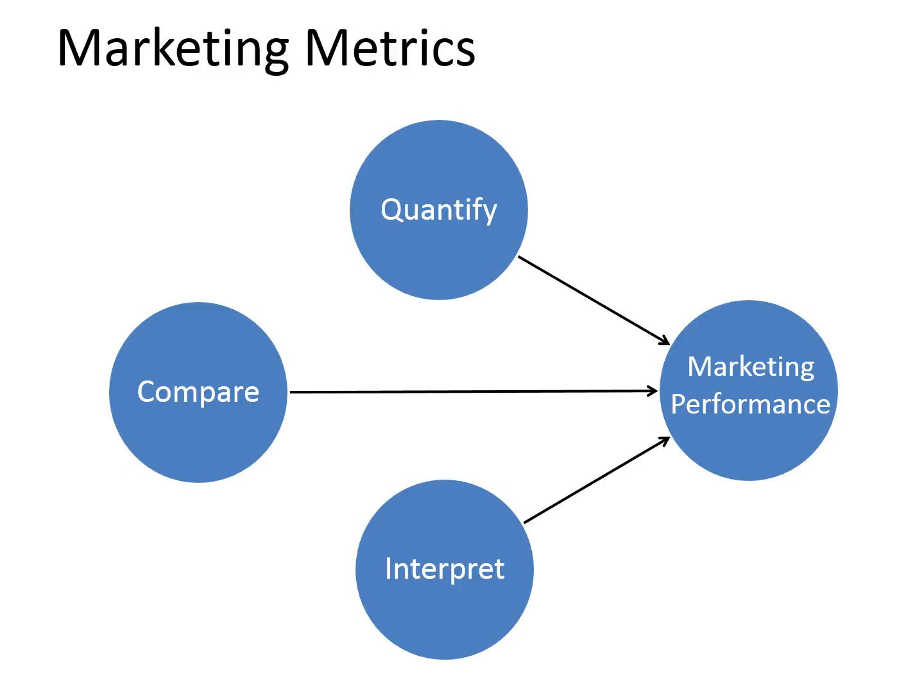So the relationship between the investment of money in the marketing campaign against the number of customers is actually giving you a comparison between different patterns. So we can say that marketing metrics help marketers to compare marketing performance.